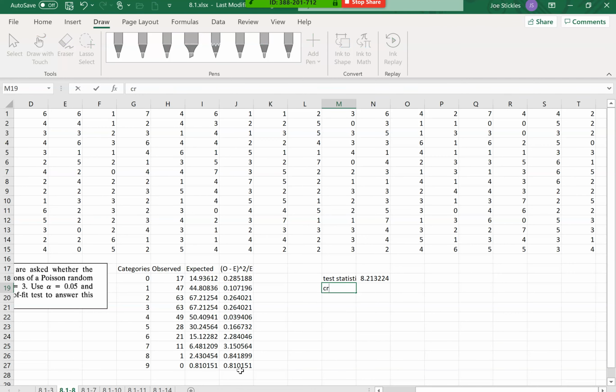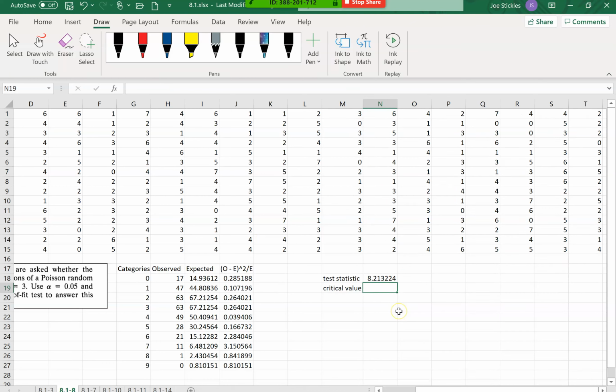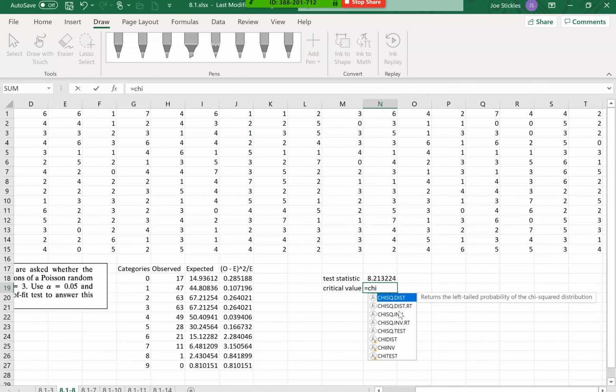And then if we want to do the critical value, just bump this up a little bit wider. The critical value, again, we use the chi-squared distribution, the inverse. We're doing alpha equals 0.05 again, and there are 9 degrees of freedom on this one.